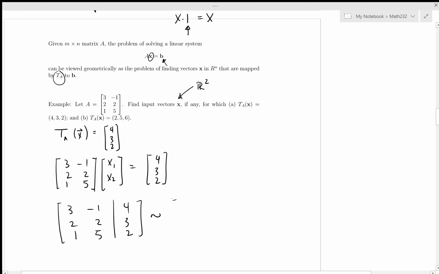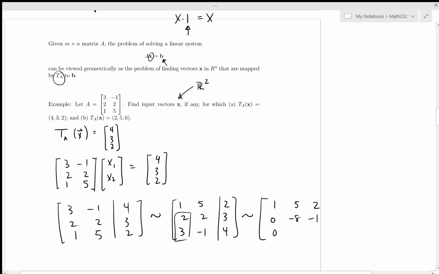So I first swapped the first and third row. And then I made these two guys into a 0. Okay, then I noticed that rows 2 and 3 are multiples of one another.